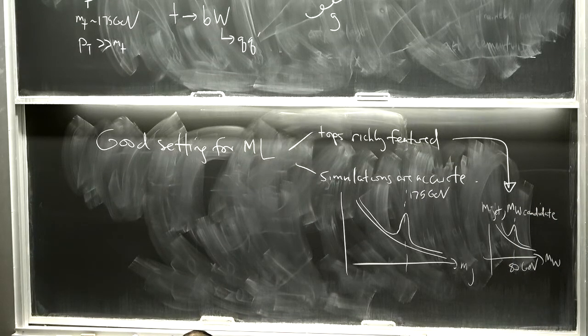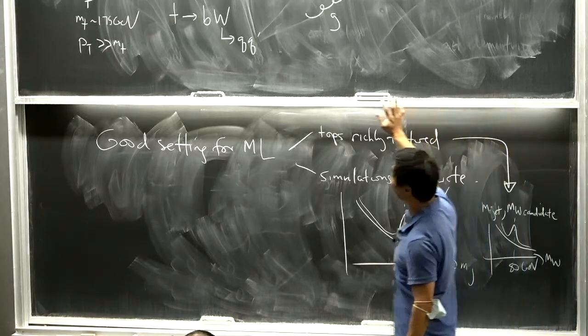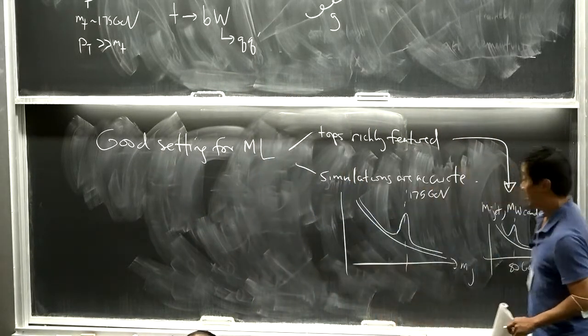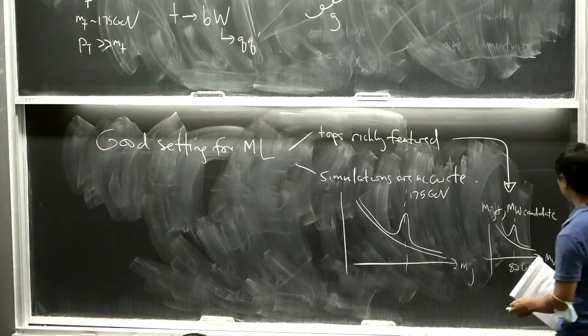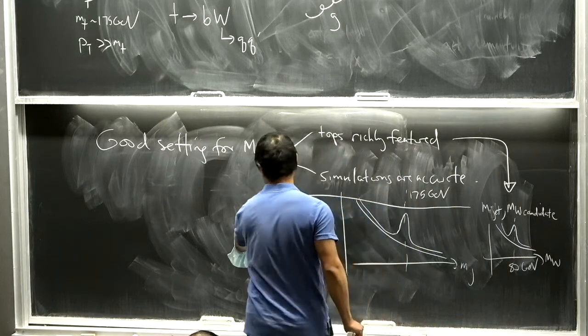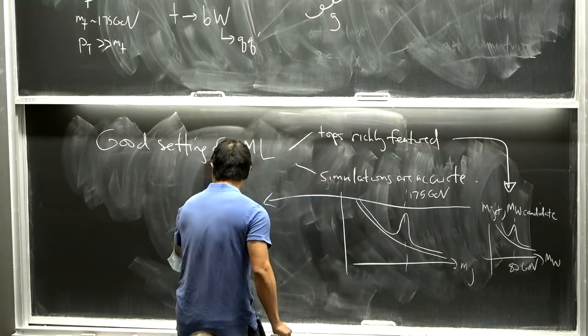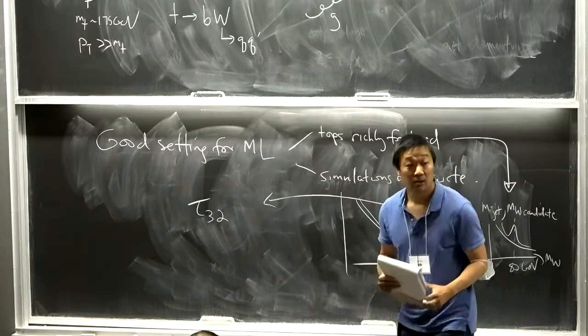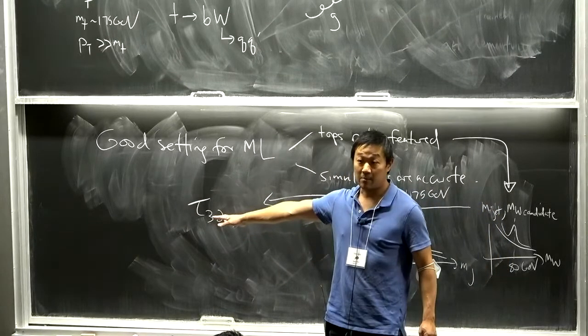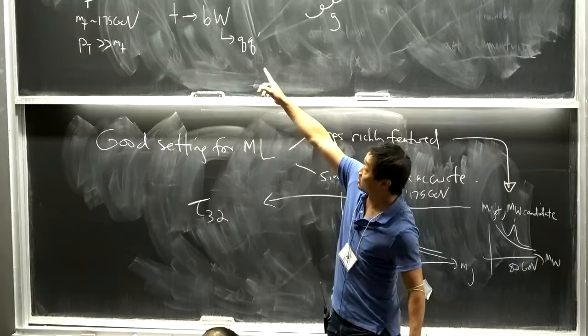And lastly, another classic feature. People have been working on top tagging for many years now. Another classic feature is a measure of how many subjets the fat jet has. Sorry, I ran out of space, but this feature is called N-subjettiness, which in some sense counts how many subjets this fat jet has.